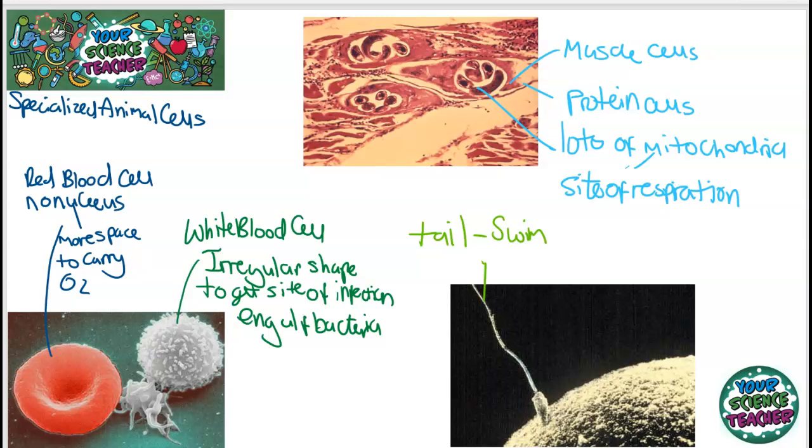Also, a sperm cell has in its head a chemical called acrosome, and the reason it has acrosome is so that it can break down the barrier towards the egg. The acrosome in the head helps break down the lining of the egg cell so that the sperm cell can enter.